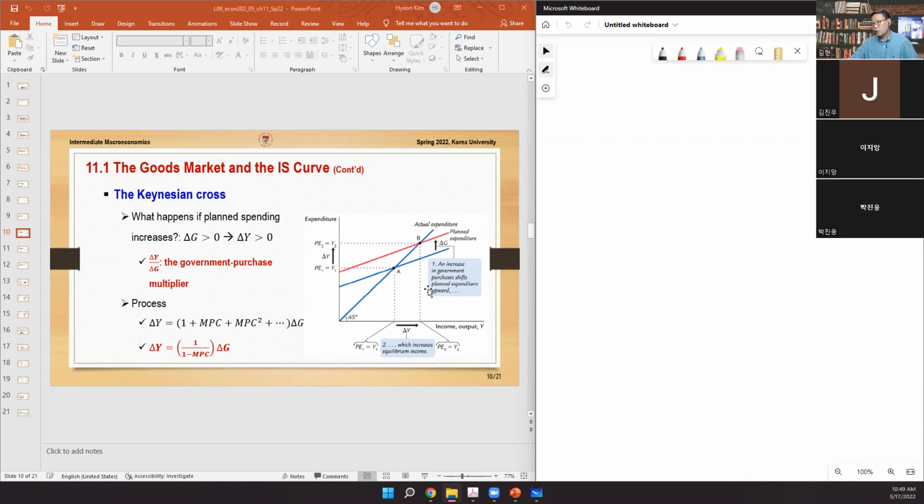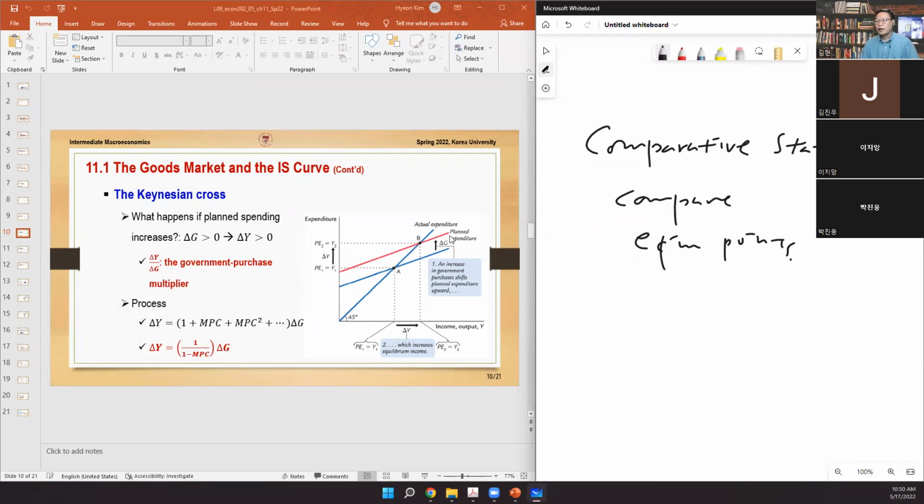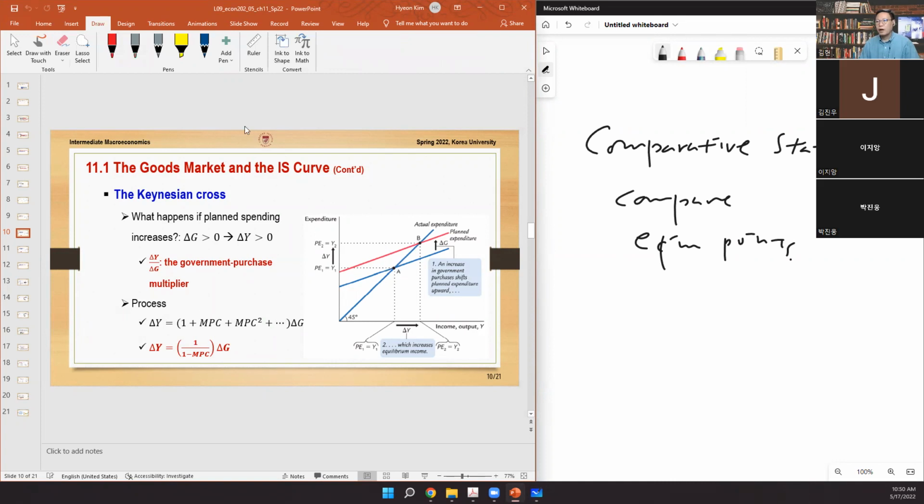Maybe many of you already knew, we call this type of approach comparative statics. In other words, we would like to compare equilibrium points. If we take an upper-level class, we would focus more on the dynamics of the process from A to B.